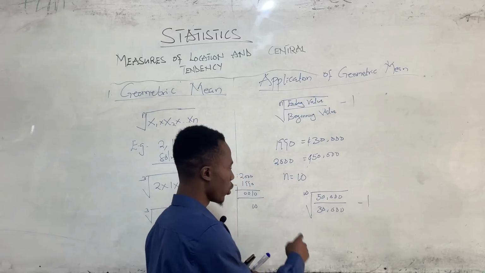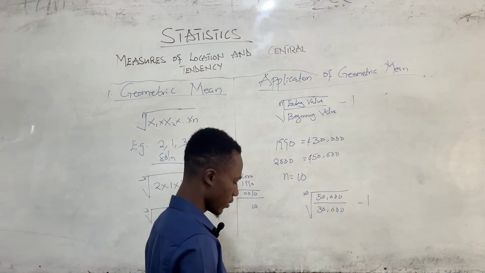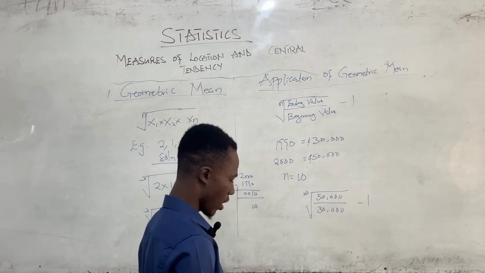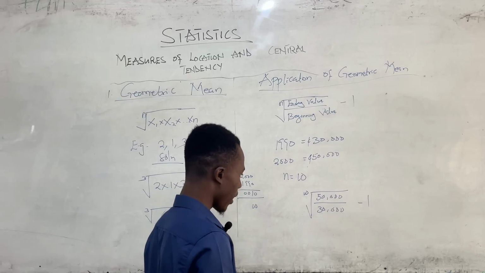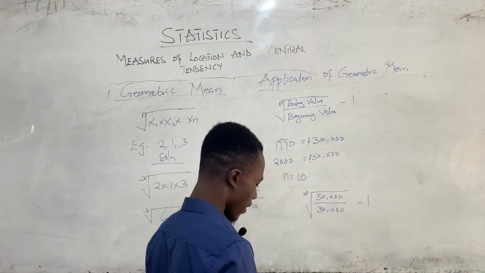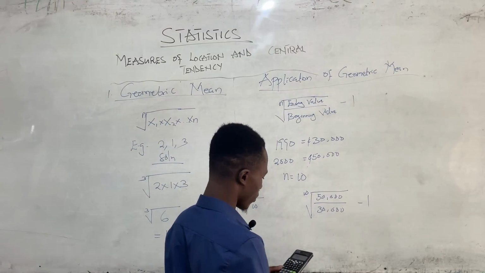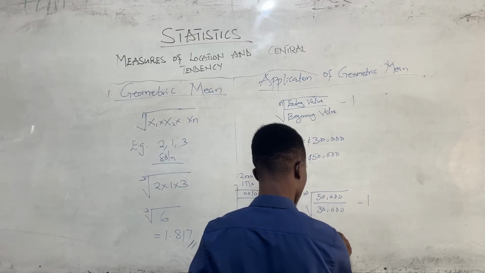Do you get it? So you don't put the 10 here. So the 10th root of 50,000 over 30,000, minus 1, will give us 0.052.